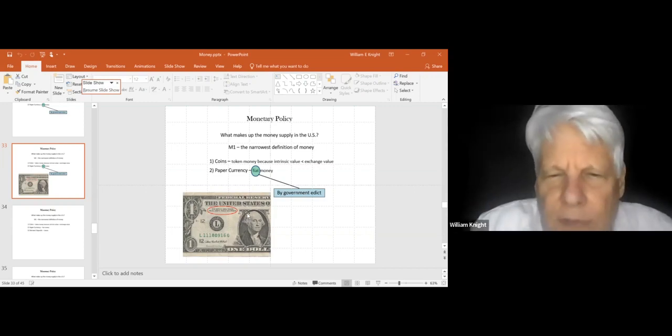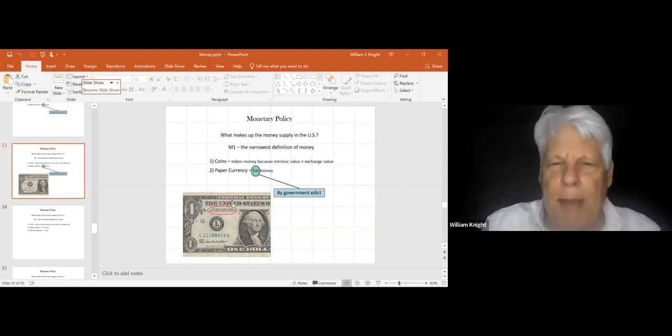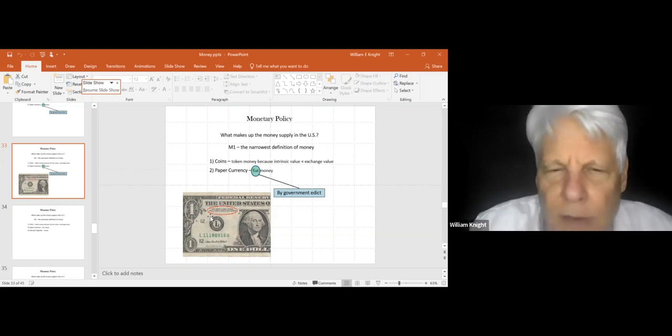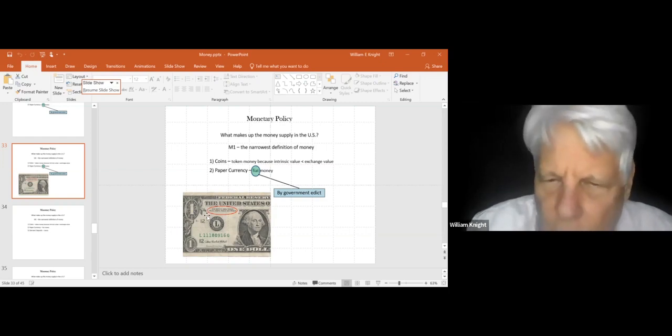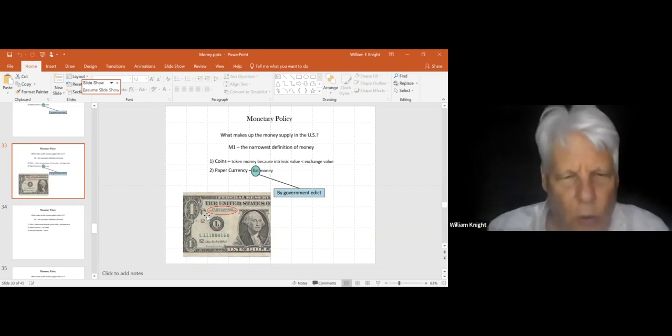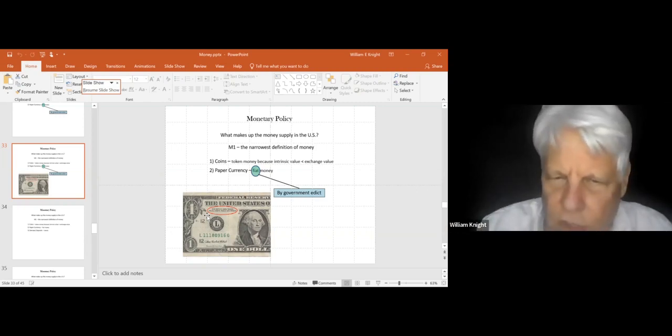So this fiat money is money that you must accept because it's backed by the United States government, in the sense that the government says you must accept it as money. Now, if you don't accept it as money, that doesn't mean you're going to go to jail. If you say, no, I'm holding out for beaver pelts, that doesn't mean you're going to jail.